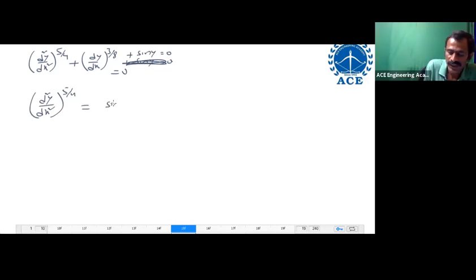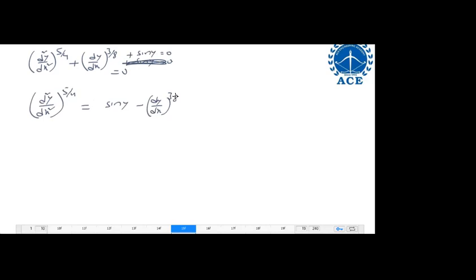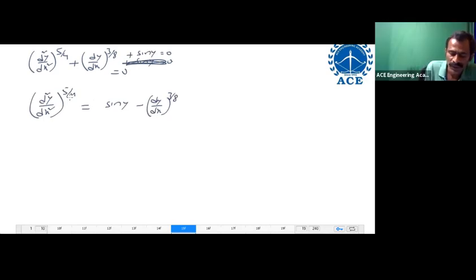Look at this, I am writing something. If you want to eliminate this power 1 by 4, you should take the whole power 4 on both sides. So these two get cancelled and we get 5. But on the other side, if you expand this, this power will not be removed.